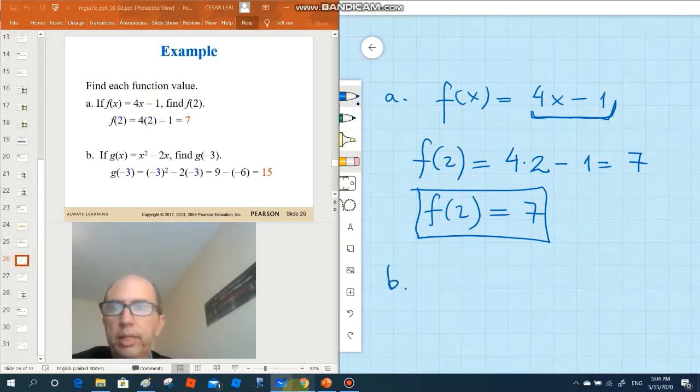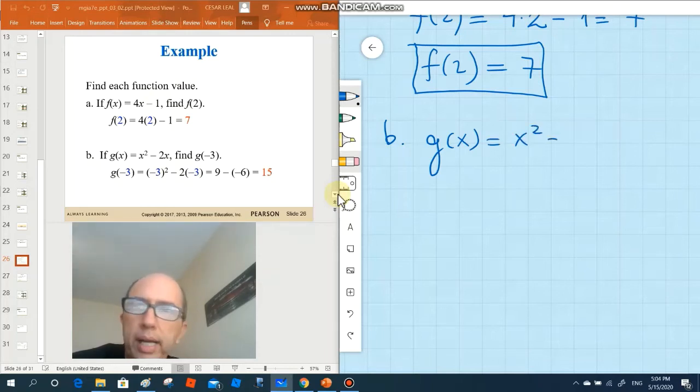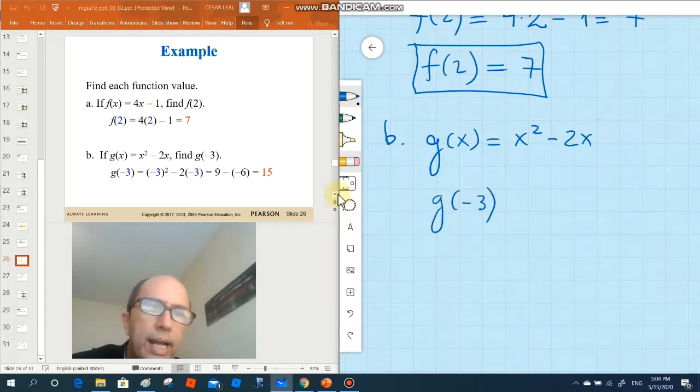Another example, if g(x) equals x squared minus 2x, find g of negative 3. Again, you have to plug in x equals negative 3 in this expression here, which is g of x.